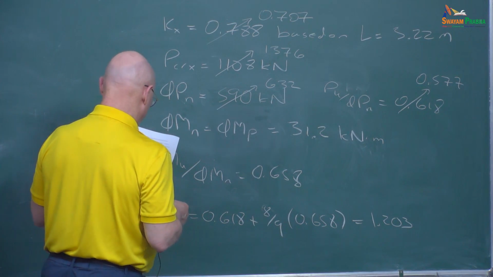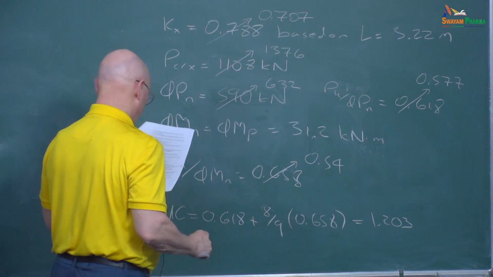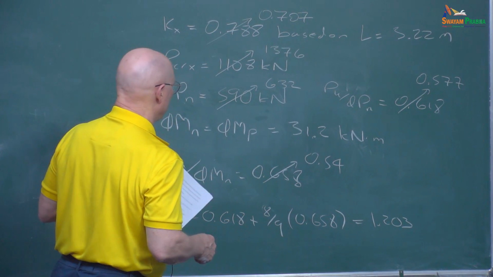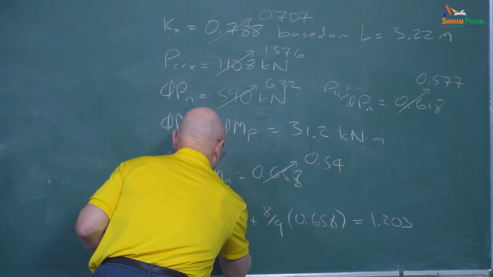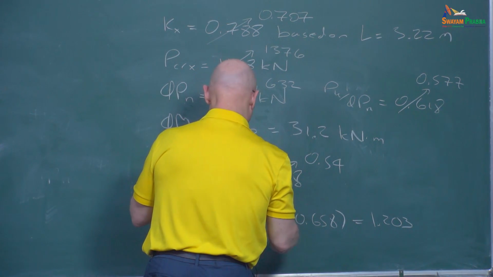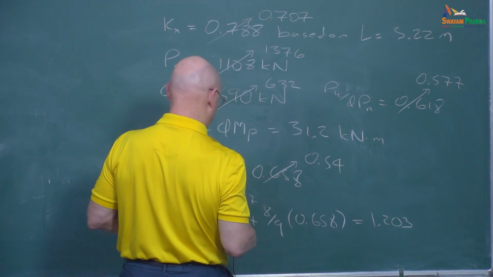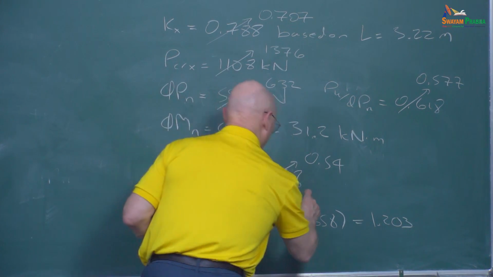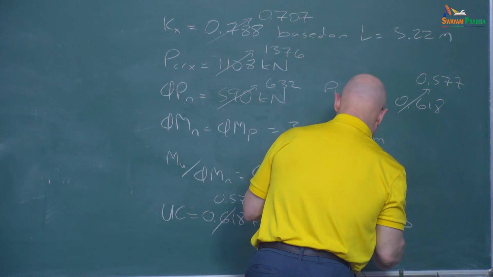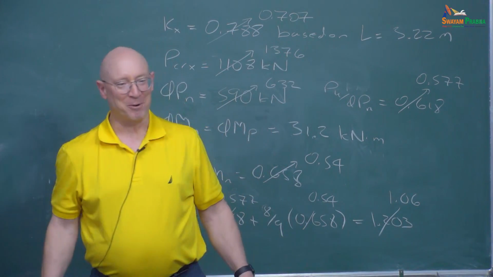And so MU over VMN reduces to 0.54. And the unity check, if we put these in, so I've got 0.577 here, 8/9, 65854. And this becomes, oh crap, we still didn't quite work, but we're close.